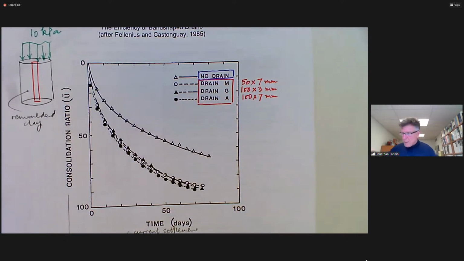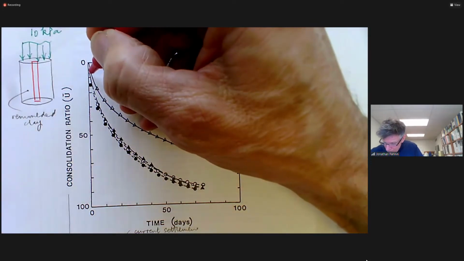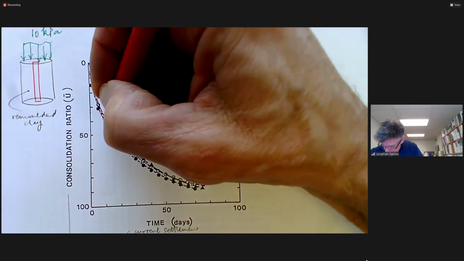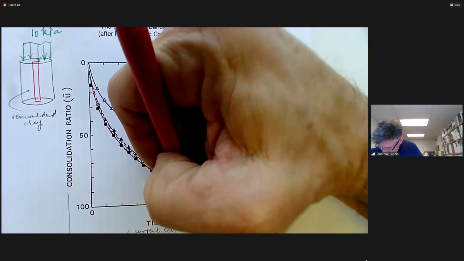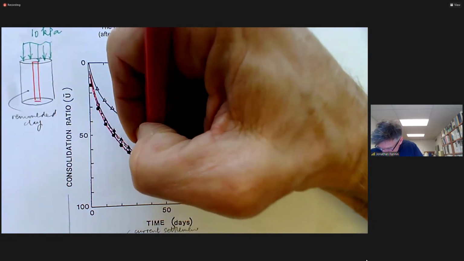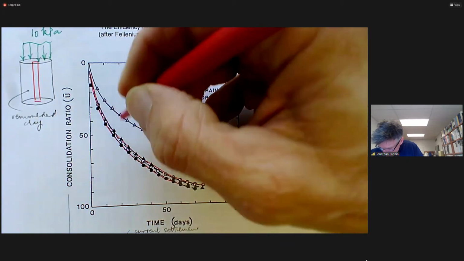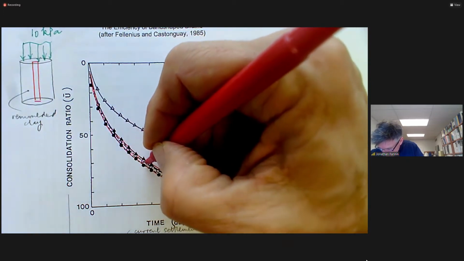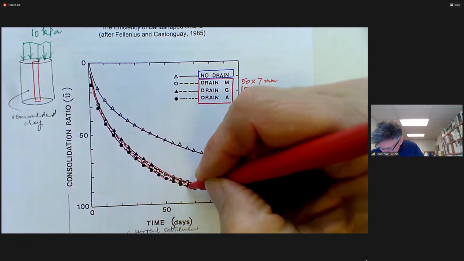is almost a microcosm of what's happening in the field. With the three drains, the degree of consolidation is relatively insensitive to the drains. The drains provide more than adequate capacity.